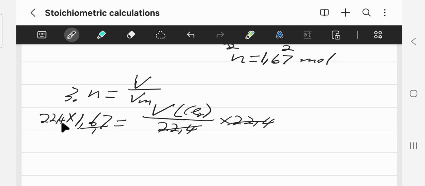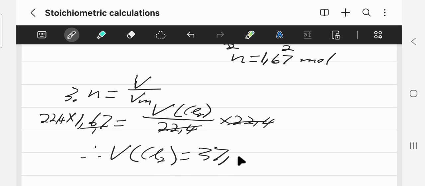So when I say 22,4 multiplied by 1,67, the answer I'm getting is 37,408. But if I round it off, I'm going to get an answer of 37,41. So therefore, the volume of chlorine will be equal to 37,41 dm cubed. And that's how you basically deal with this calculation.